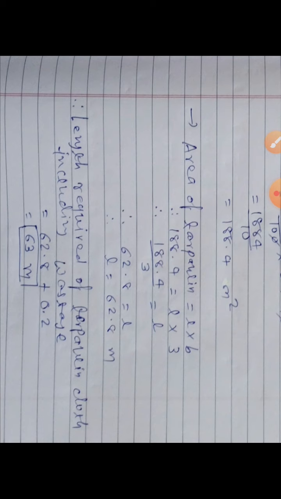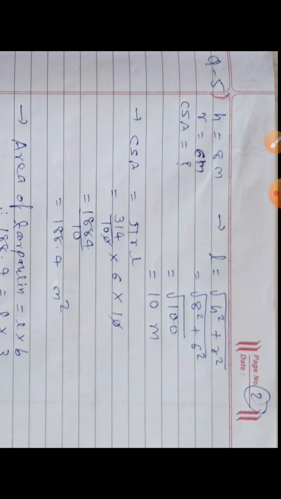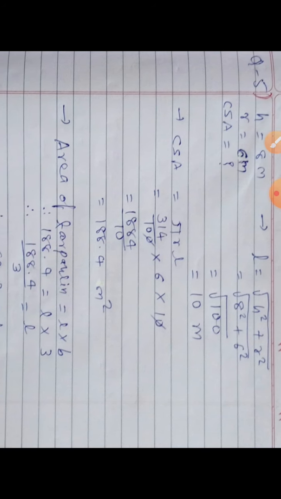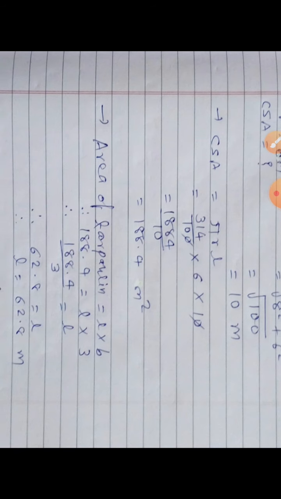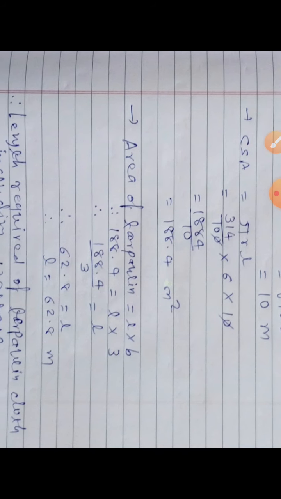So again, understand the question well. First of all, they've given us H and R, we found L. After finding L, we found pi r L. Why? Because the tent is being prepared here. After that, the third step is important here. We compare that area with the area of the rectangle. So we got L from there, but that L is not required.